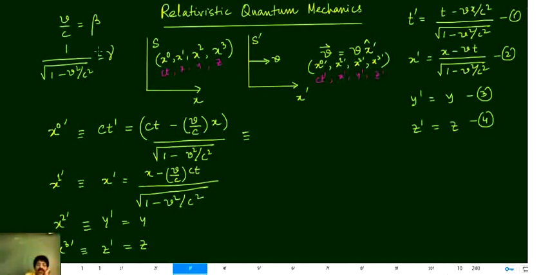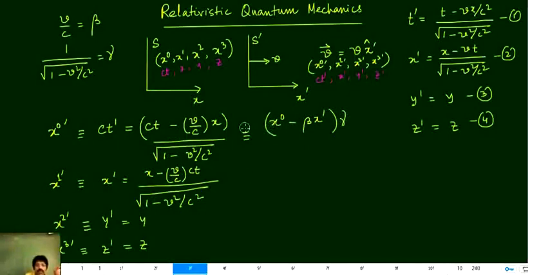So if you plug this in here, you get x0 prime equal to x0 minus beta x1, times gamma.